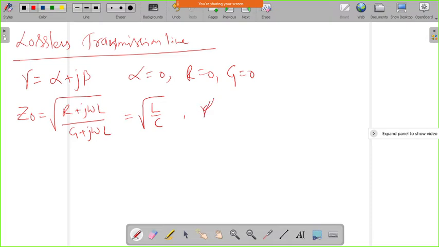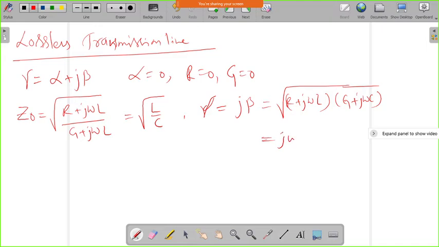Similarly, your gamma will be equal to just j beta, or you can write this in terms of square root of (r plus j omega L) into (g plus j omega c). Since r and g will be 0, you can write it as j omega root LC. So that is your beta. We have seen beta equal to omega into root LC.